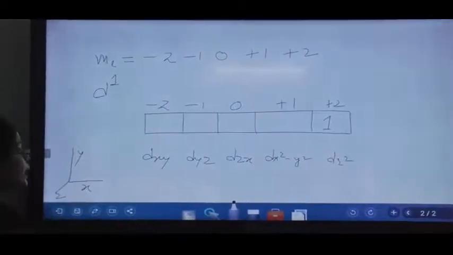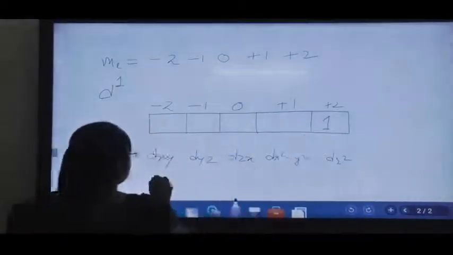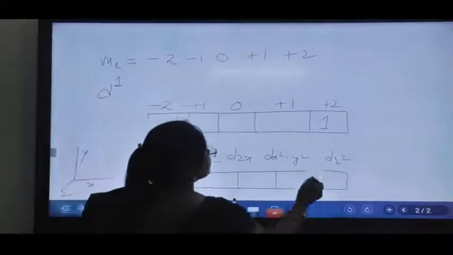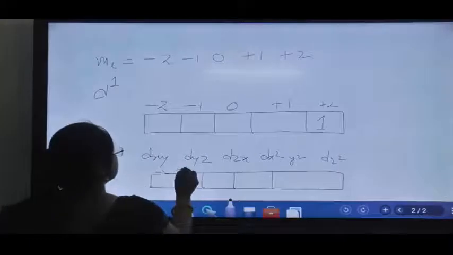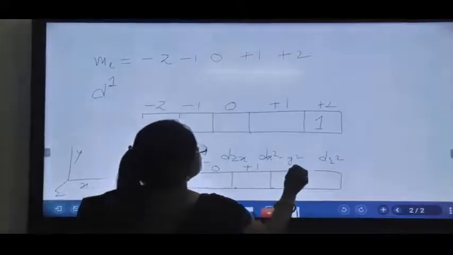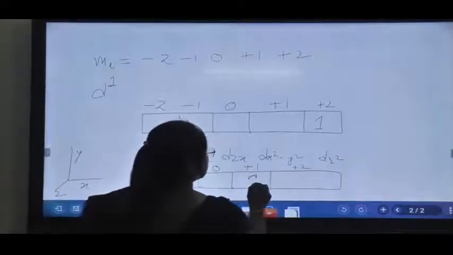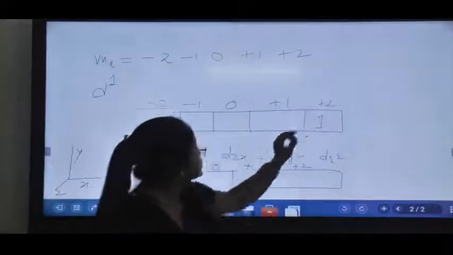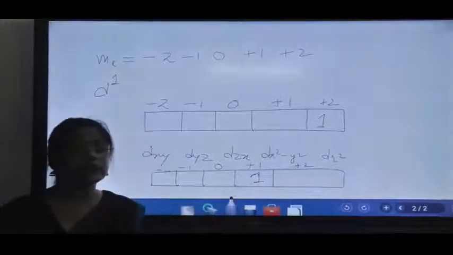In the same way, if instead I put it in the second state, among -2, -1, 0, +1, +2, you see this electron is in the +2 state, and this electron is in the +1 state.